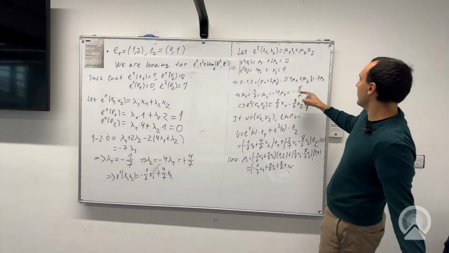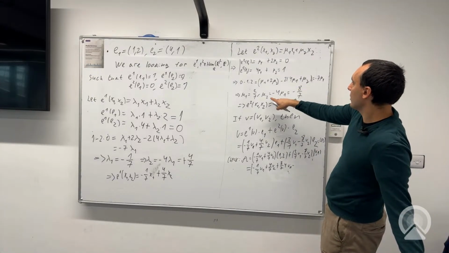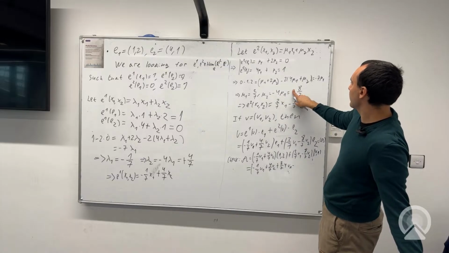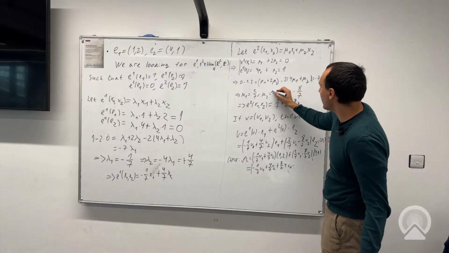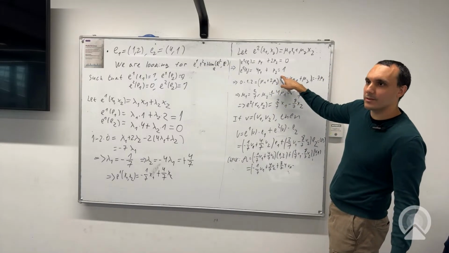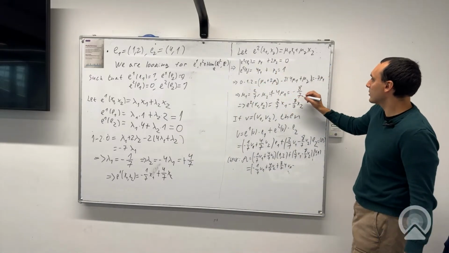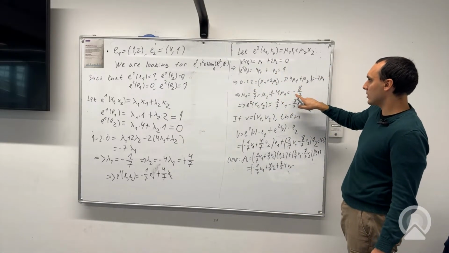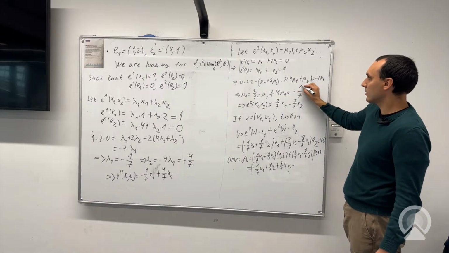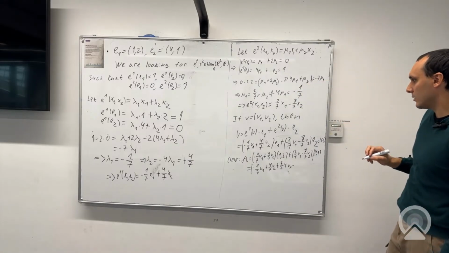Oh, yeah, because I used the previous one. Here it was 0, but here it is 1. Yeah. So this is minus 1/7. Okay.